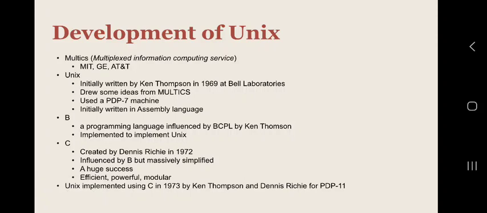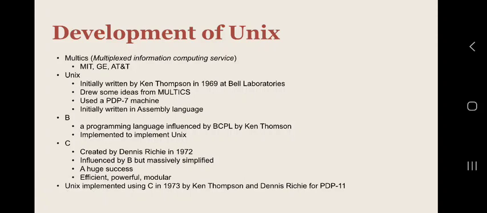He used a machine called PDP-7. I haven't seen this machine, and if you have seen this machine with your own eyes, you're lucky. At least from a computing historical perspective, it's a privilege to see such an old machine, a pioneering machine in the computing world.